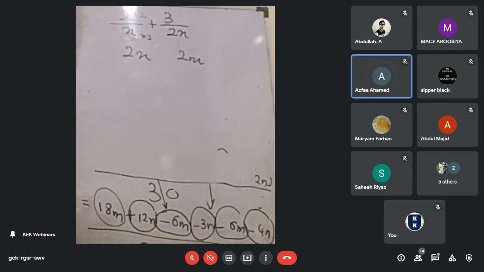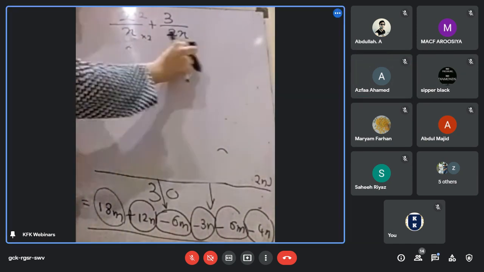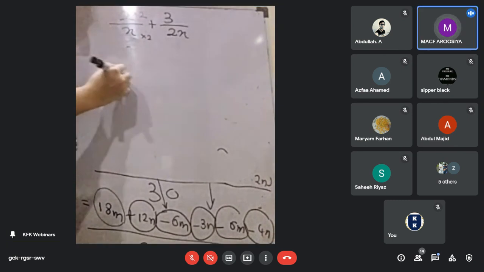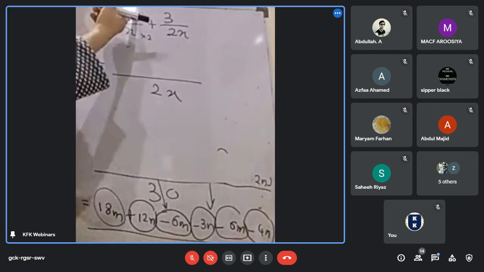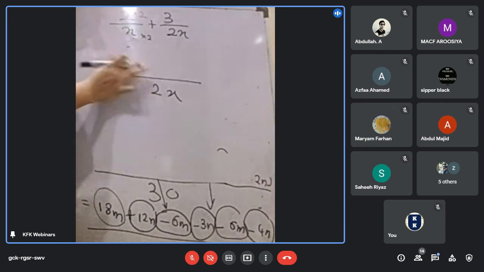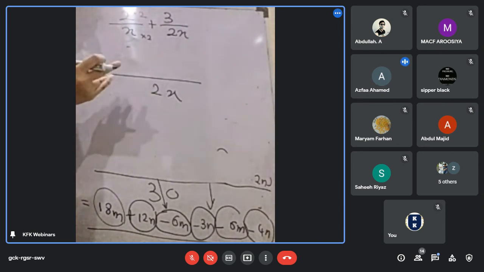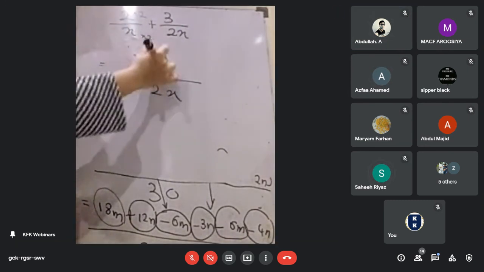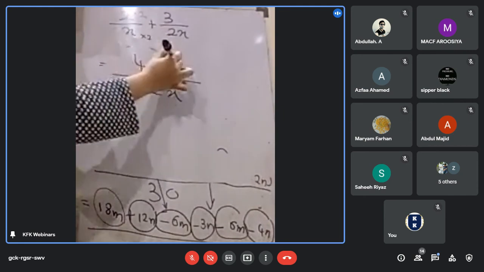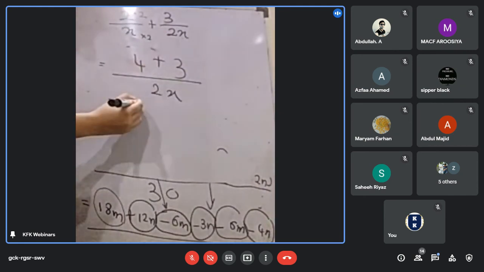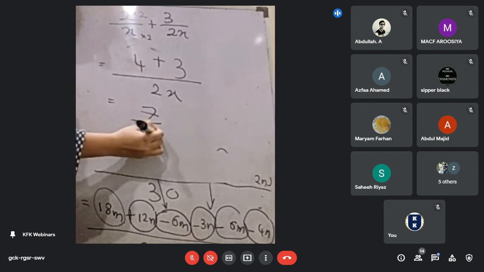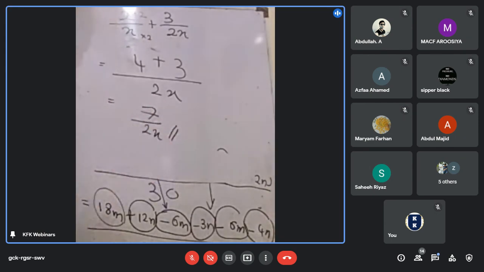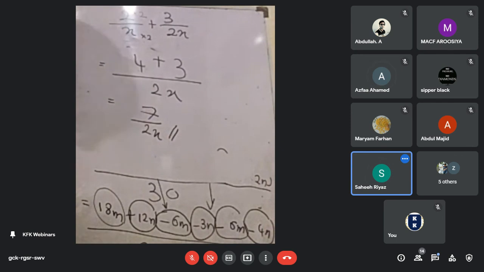No. So you write 2x, which is your denominator, 2 into 2, which is 4, plus 3. Now tell me, what is the answer? 7 over 2x. Did you all understand? Yes. Okay.